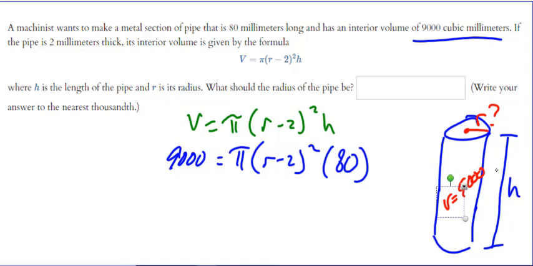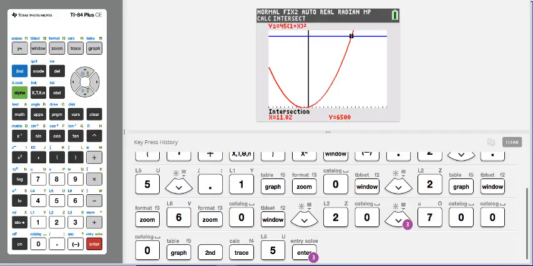Okay. R minus 2, if the pipe is 2 millimeters thick, they're taking into account the sidewall of the pipe. So that's why the 2's there. So that's initially where my brain went. So what we're going to do is type this into our calculators. Okay, so let's go back and do it.